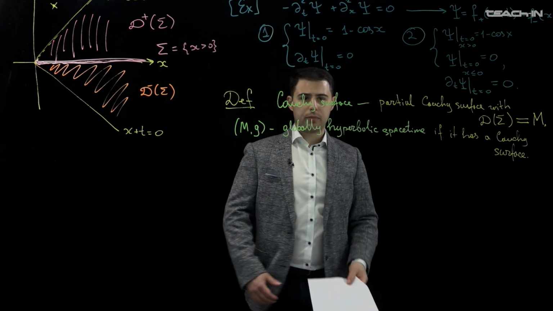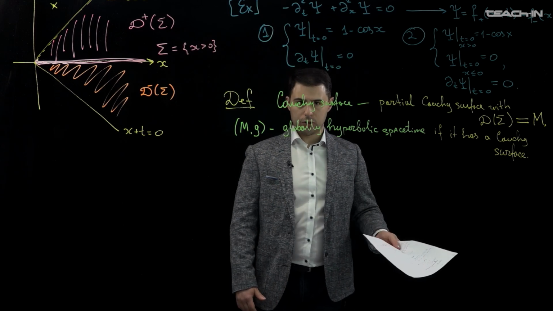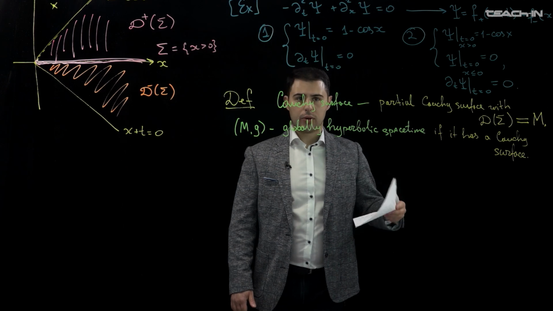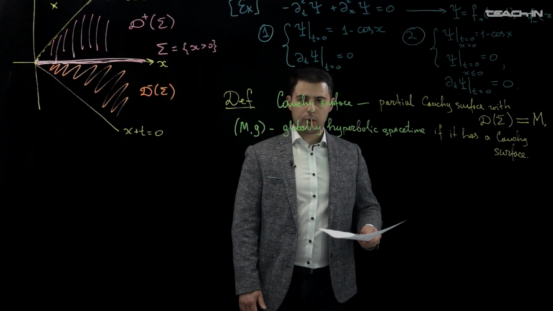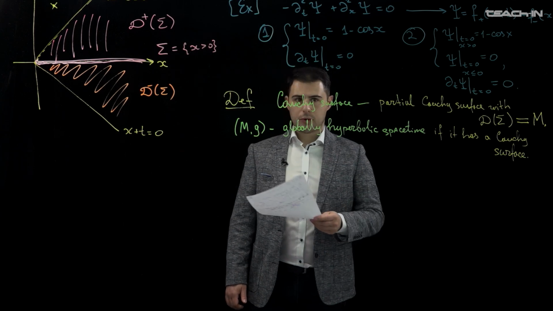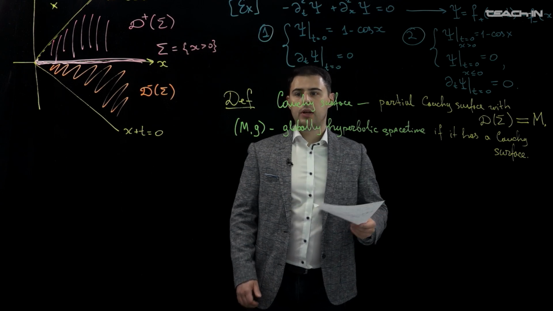A good example of a spacetime which is not globally hyperbolic is a two-dimensional Minkowski spacetime without the origin.